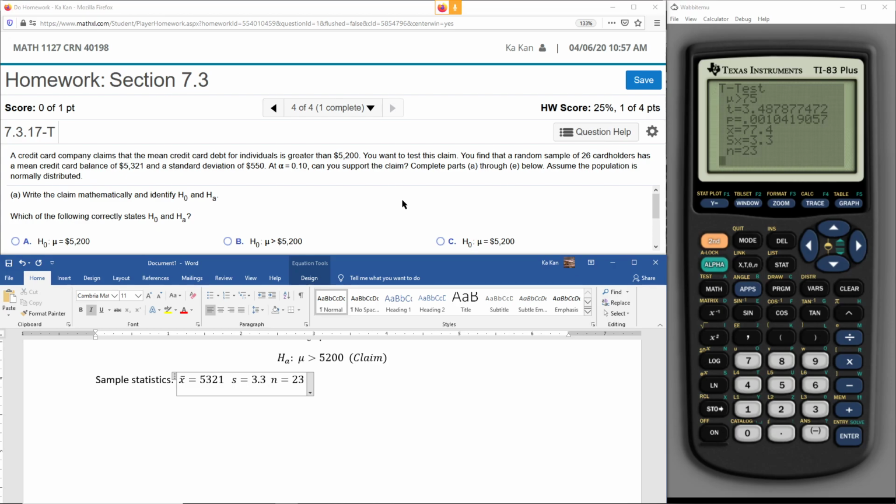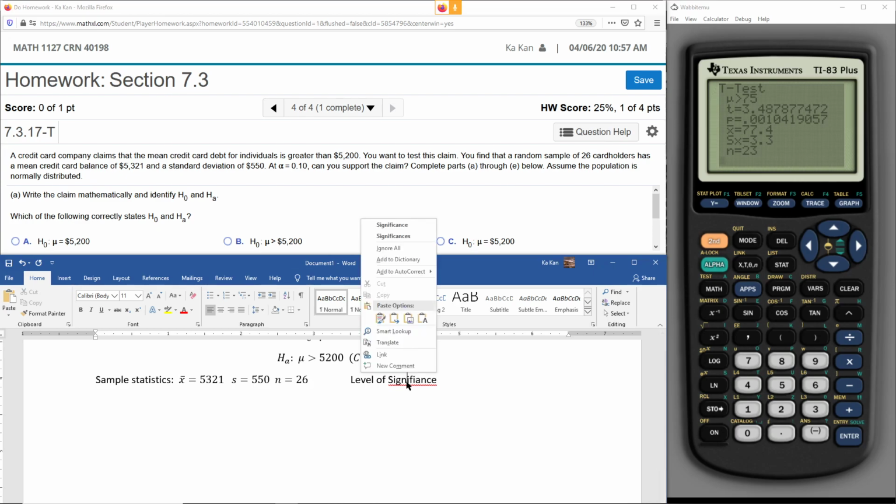The standard deviation is 550. And the sample size is 26. And also, don't forget the level of significance, alpha, equals 0.10.